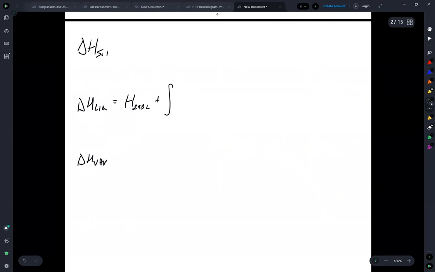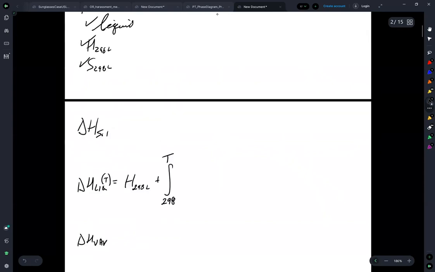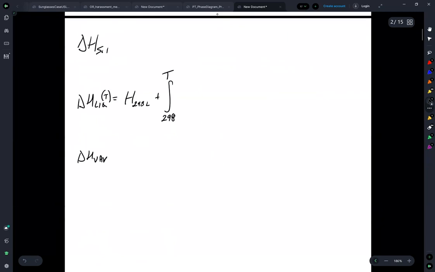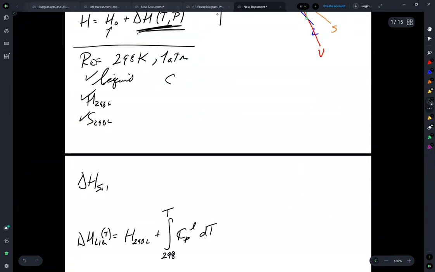And then we can integrate from 298 to the temperature. So this is going to be delta H as a function of temperature, right? Because it fits in there. Cp of the liquid dT. So we need the heat capacities. Liquid, solid, liquid, vapor.